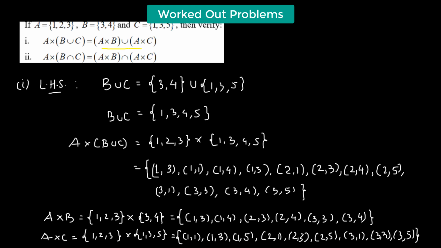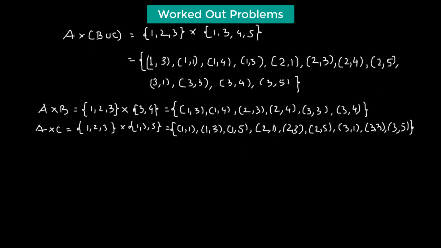Now we have to find the value of the union, so let's do that. We have to find the union of the Cartesian product of A and B and A and C. So let's pick up (1, 3) first.